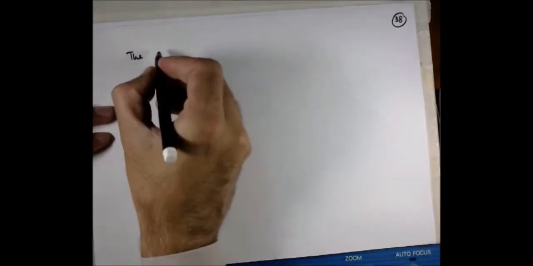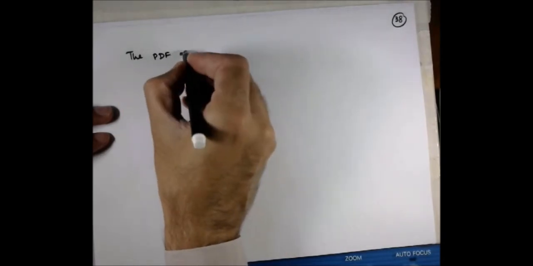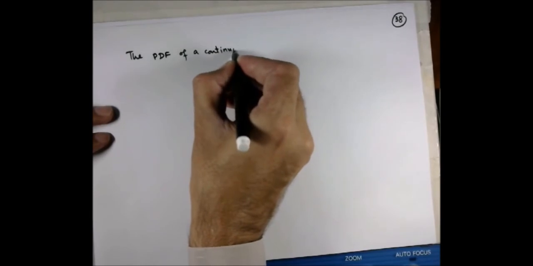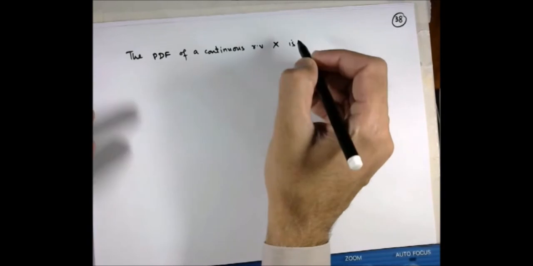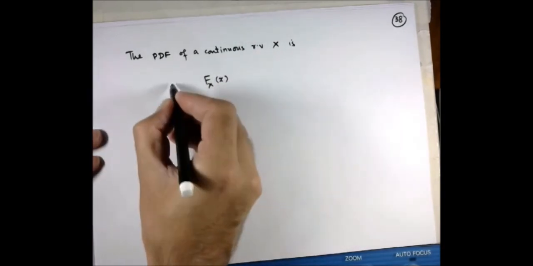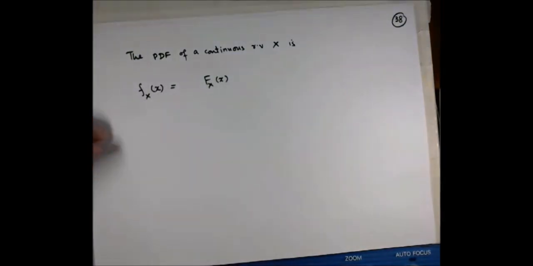So if this is the case, we can write that the probability density function, the PDF of a continuous random variable, is some relation between the CDF and the PDF.